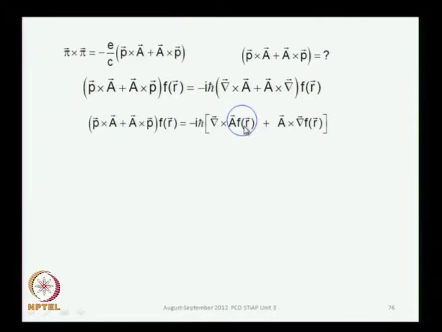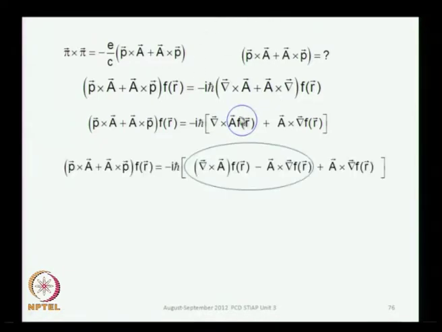It does not matter what function it is. So, this is the curl of a product of two functions, and the curl of a product of a vector and a scalar is the curl of the vector times the scalar minus A cross the gradient of the scalar function. This is the vector identity that I make use of, which you would have studied in your vector calculus course.